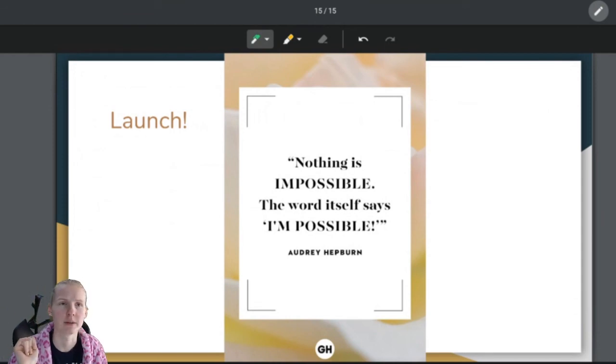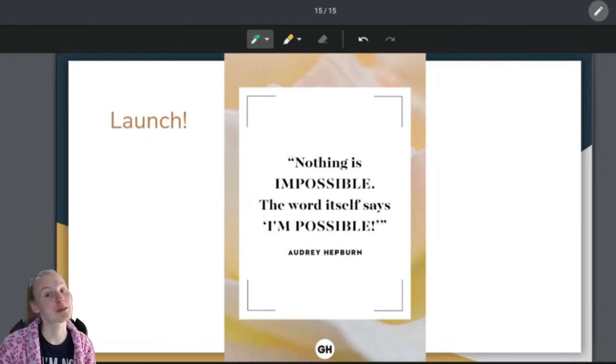Can't happen, not gonna happen. So, something to think about. I mean, don't go crazy and say, everything is possible, I'm gonna go to space and I'm gonna breathe. Like, no. Use this rationally, but more is possible than you might think.